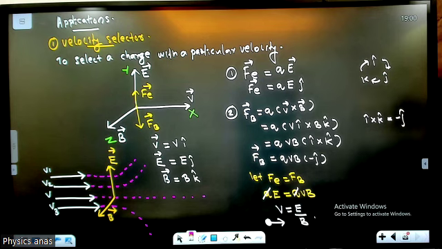Velocity selector: to select a charge with a particular velocity.